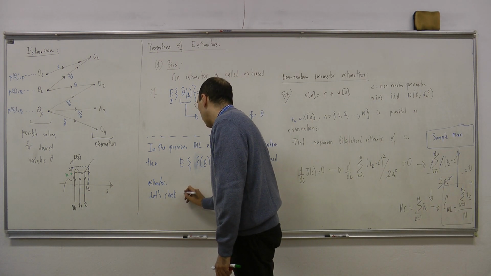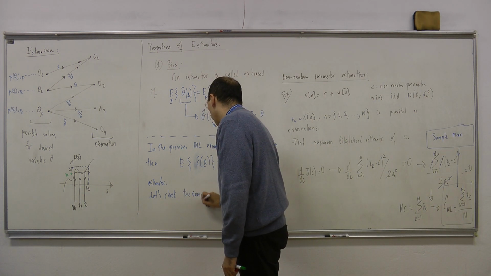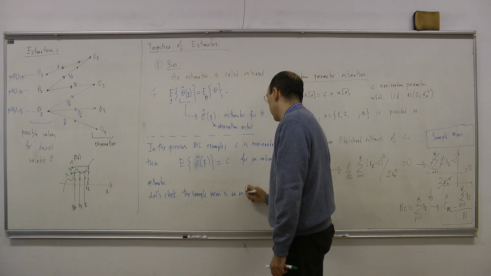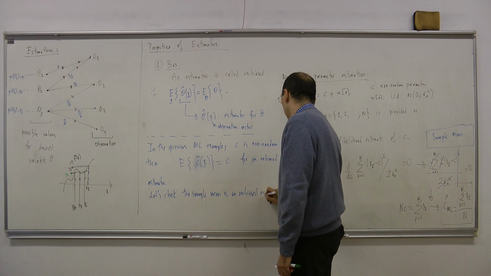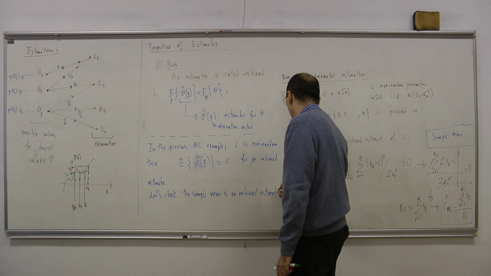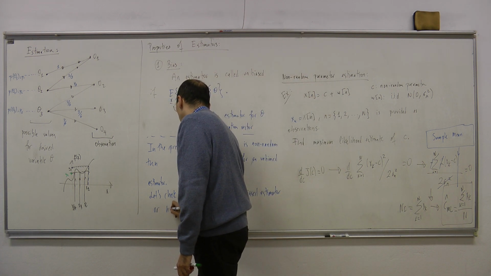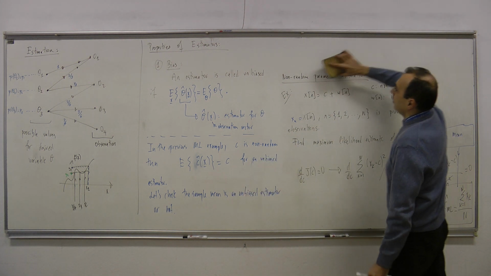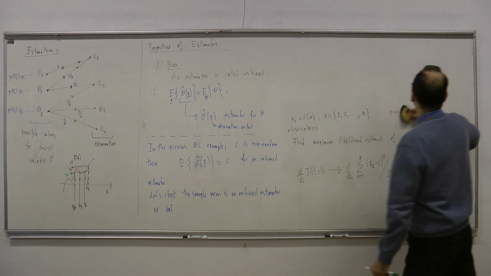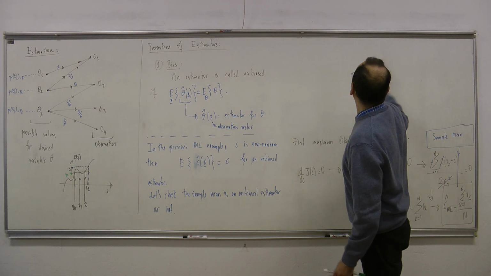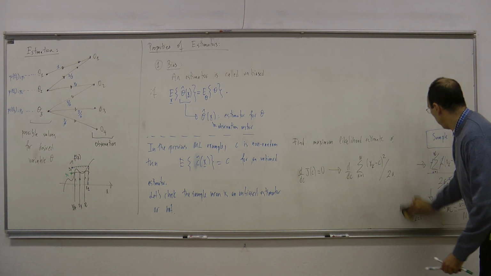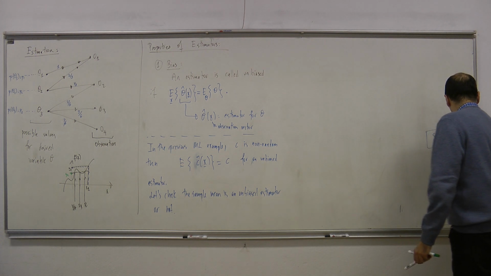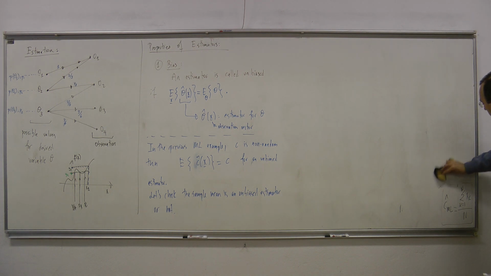Let's check whether the sample mean is an unbiased estimator. What should I do? I should only evaluate this expectation and then compare it with the right-hand side. That is it. Let's keep the sample mean over here.